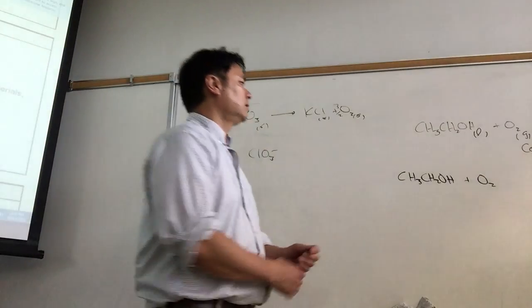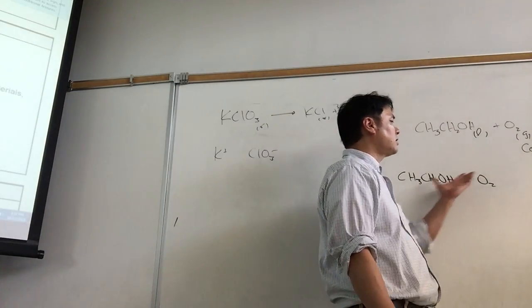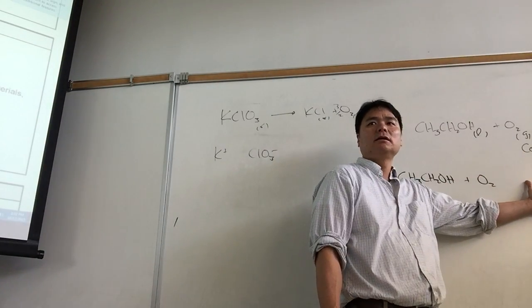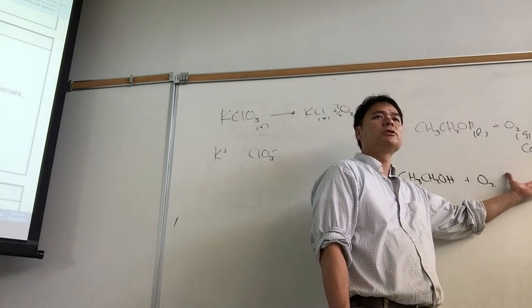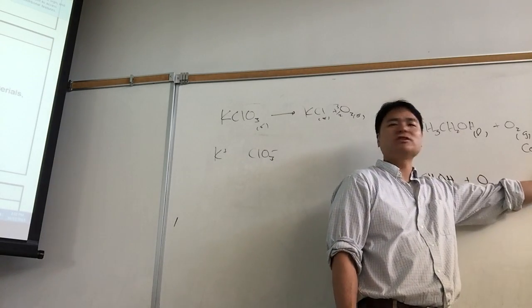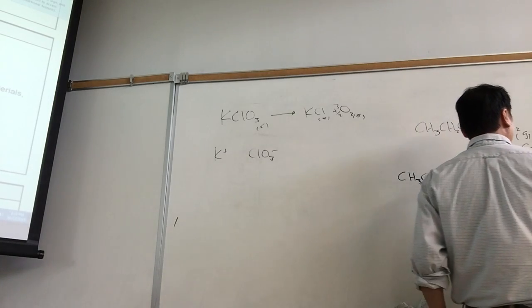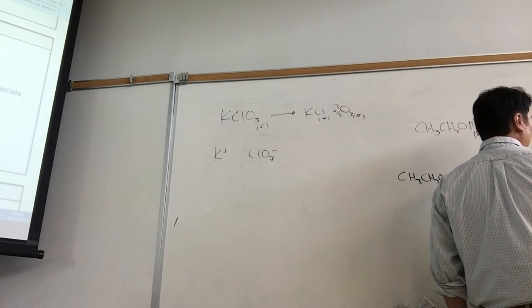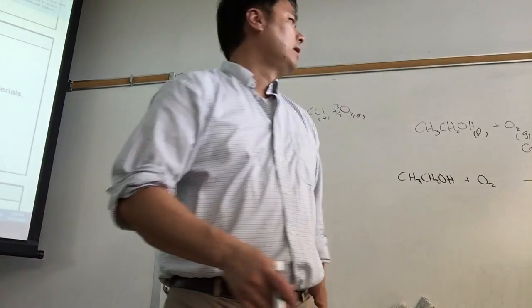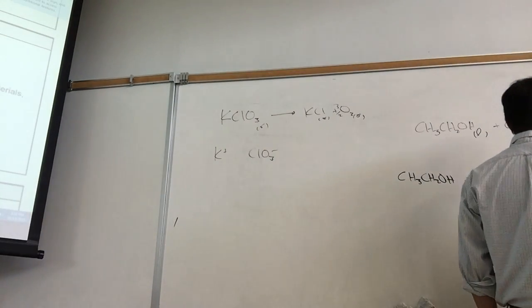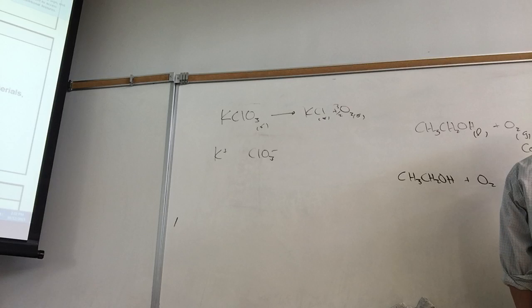But ethanol starts to get oxidized. Ethanol gets oxidized to acetic acid. And so ethanol goes to acetic acid, which goes to this, which goes to that, and eventually what's going to happen is you're going to exhale the remnants of ethanol as CO2. And so you're going to get CO2 and H2O, liquid, and you're going to get energy.